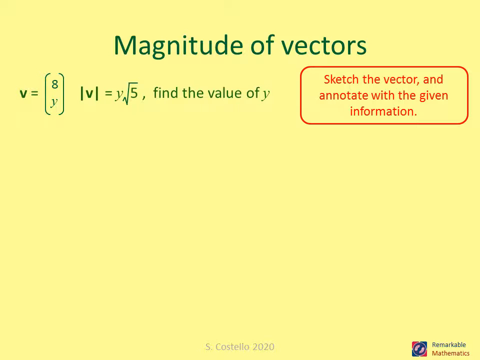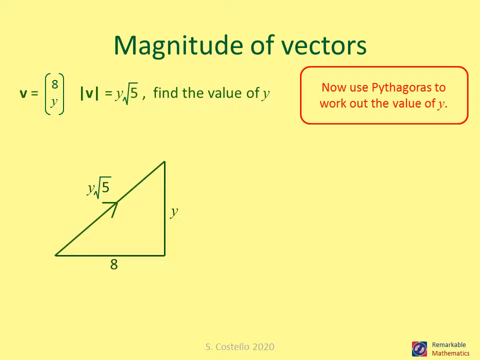So sketch the vector and annotate with the given information. So our hypotenuse is y root 5 with one short side of 8 and the other short side is y as well. So first thing we do, use Pythagoras to just write out the equation.